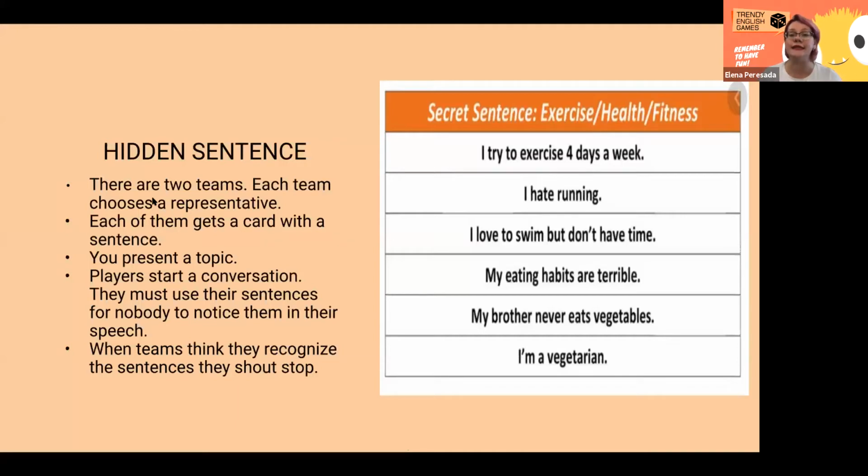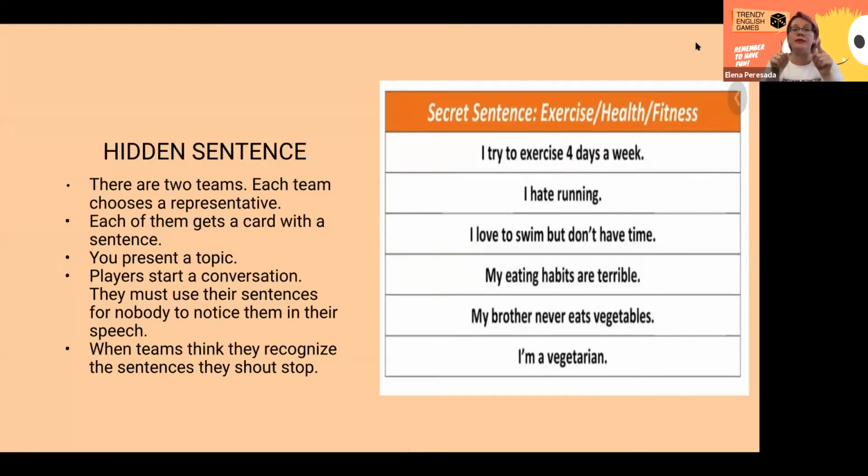So, a hidden sentence or a secret sentence. You divide your class into 2 teams, and each team chooses a representative. The 2 people come up to the front, and you give each student a sentence which he or she has to use while talking to a partner.